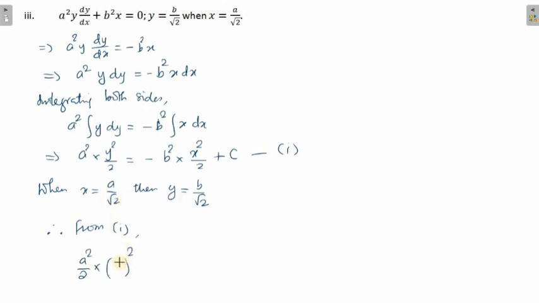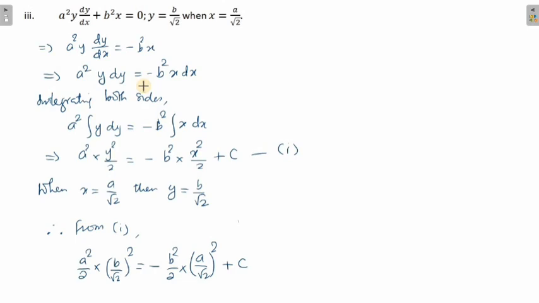What is y actually? y is b by root 2, simple, equals −b squared by 2 into x squared, so in place of x we have (a by root 2) squared, plus c.